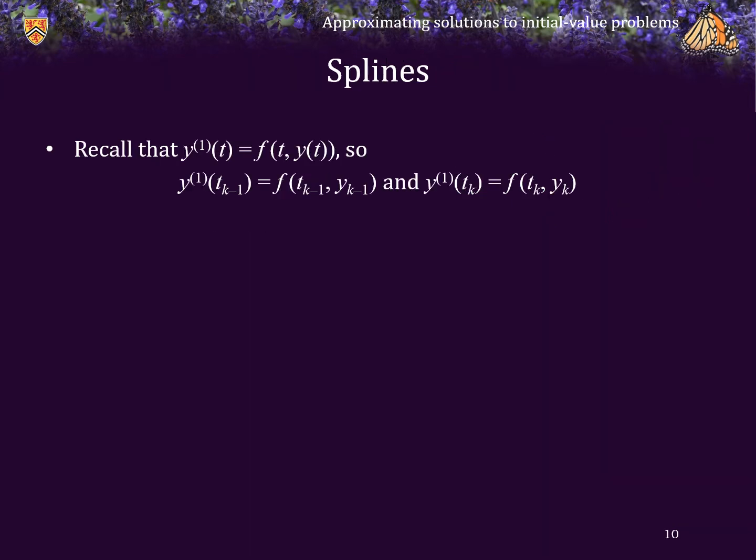However, let's introduce a different idea as opposed to interpolating polynomials. Recall that we have no control over the derivative of an interpolating polynomial, and yet we know exactly what the slope is at the two endpoints, at t_{k-1} and t_k, because we already have estimates of the value of y at these 2 points, and therefore we can estimate the slopes based on the differential equation.